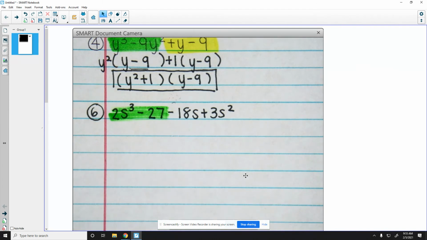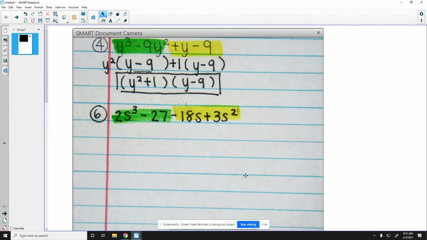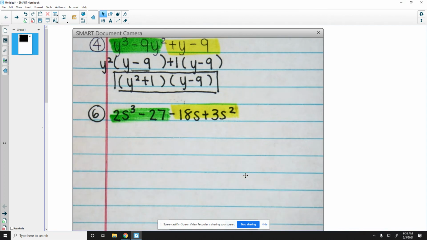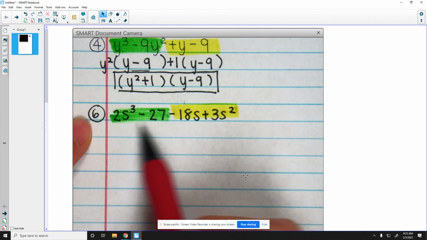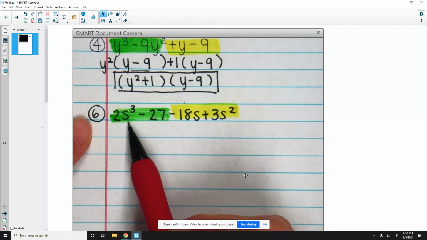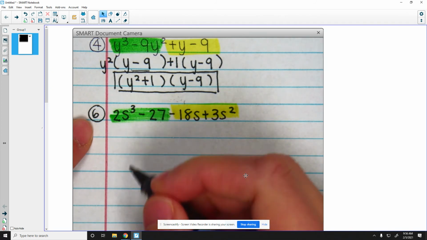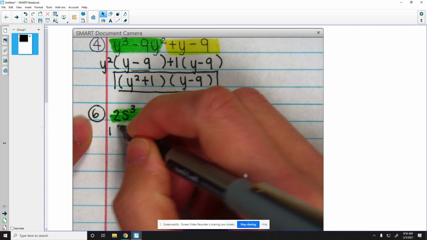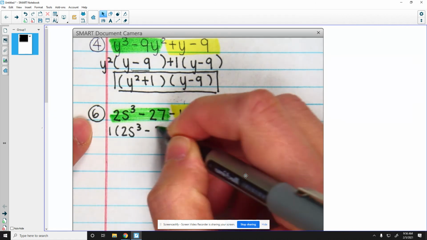I have my first group, I have my second group. Somebody in person, can I take out anything? No, I can't, right? So if I can't take out anything, what do I take out? A 1. So I would have 2s to the third minus 27.